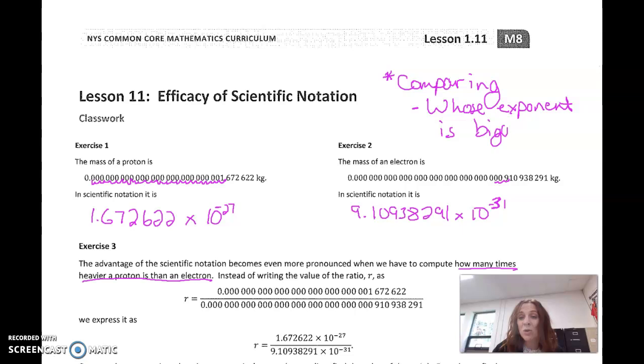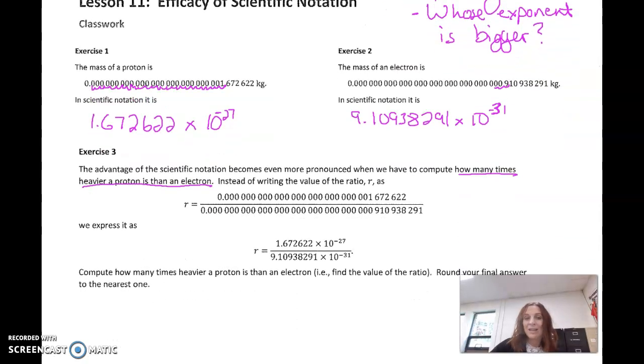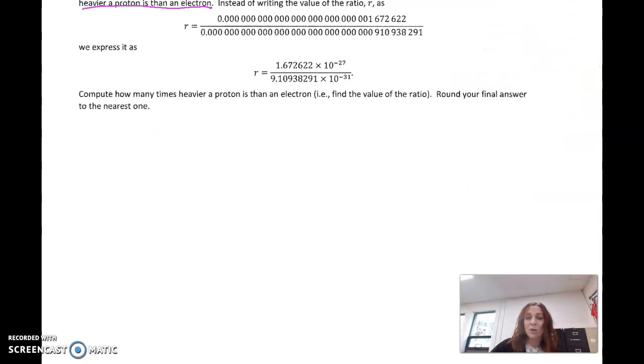So if it's asking you which number is bigger, you look at the exponent. Whichever exponent is bigger, that's going to tell you which number is bigger. Now, if they're the same, then you can go to the number out front. But looking at negative 27 and negative 31, negative 27 is bigger because it's further to the left on a number line.